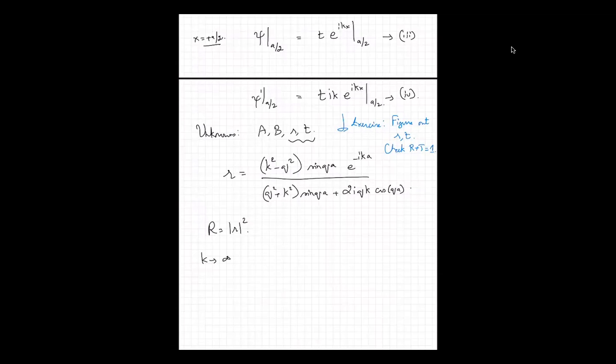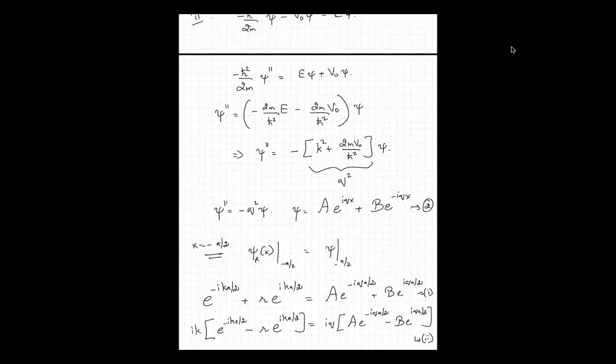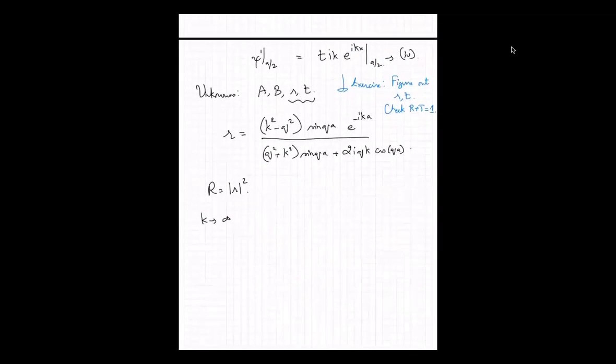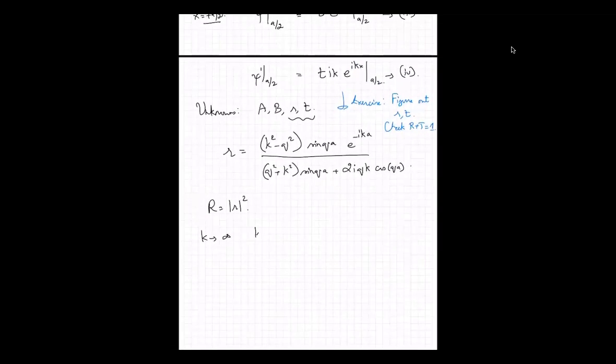Now, q² equals k² plus 2mV0 over h bar squared. But in the limit that k is very, very large compared to 2mV0 over h bar squared, q² is approximately equal to k². So in this approximation, k² minus q² goes to 0, which implies that the reflection coefficient goes to 0. So the transmission coefficient becomes 1.